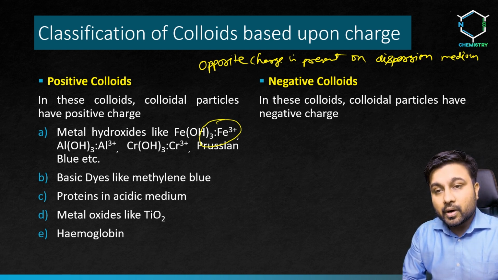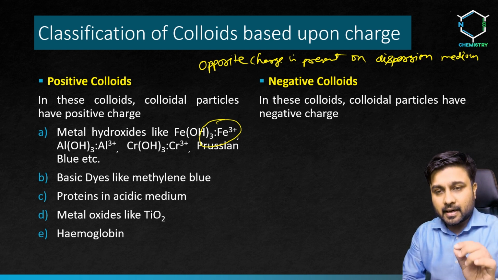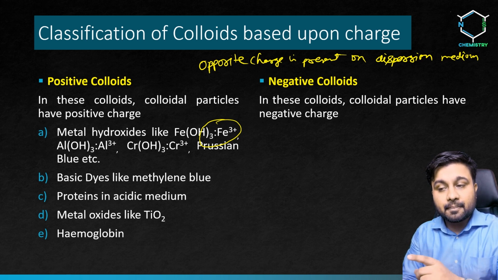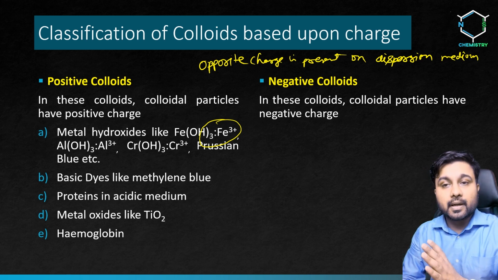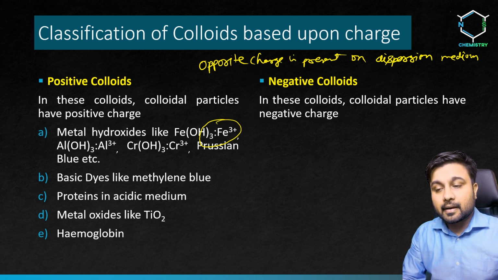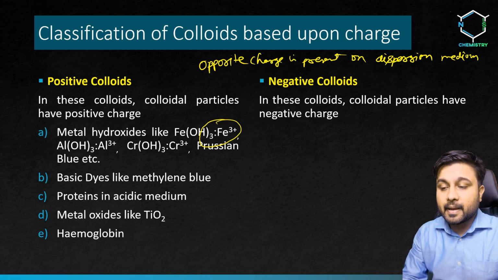What do we mean by that, we will discuss later, but for now just understand that it is this Fe3+, which is written outside the bracket after the colon, that is providing the charge to the colloidal particle. Similarly, in the case of aluminium, it is Al3+. So these are some positive colloids. Also, proteins in acidic medium and some basic dyes like methylene blue are positive colloids.